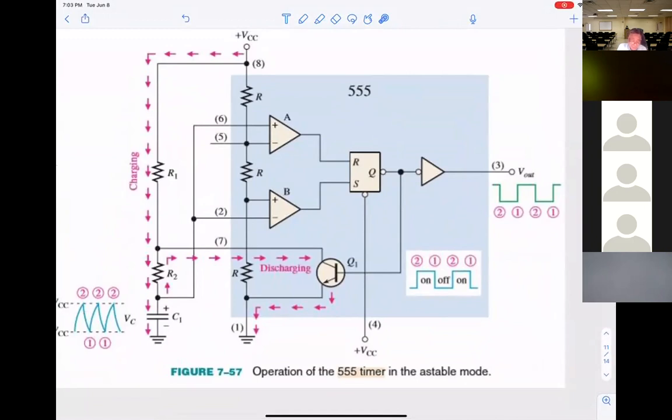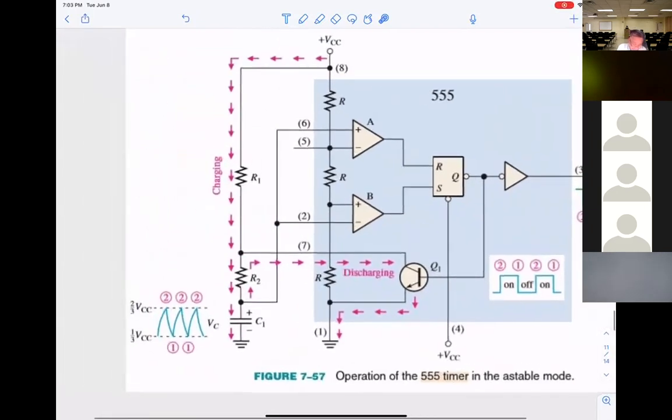You can see that this is the current flow for charging, and this is the current flow for discharging. That's why you can get this output right here. They keep charging, they keep discharging. And if you connect an oscilloscope to the output, you can see a square wave. If you change R and change C, you can see different frequency and different pulse width.